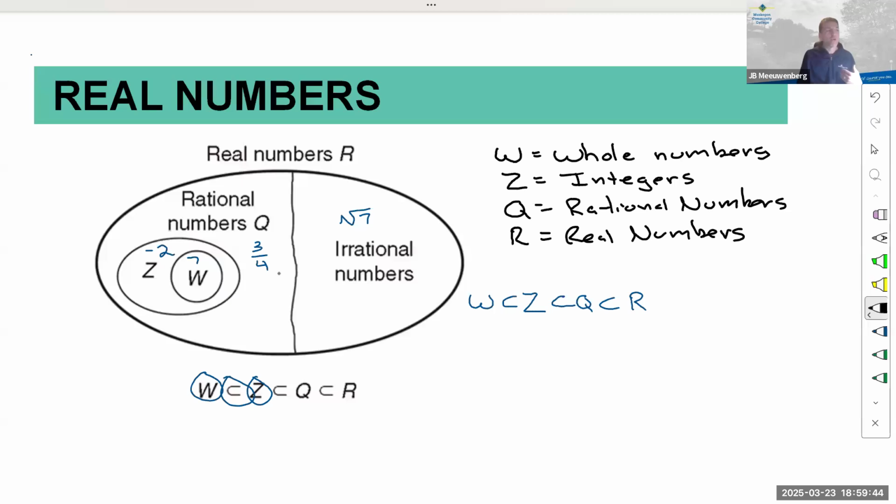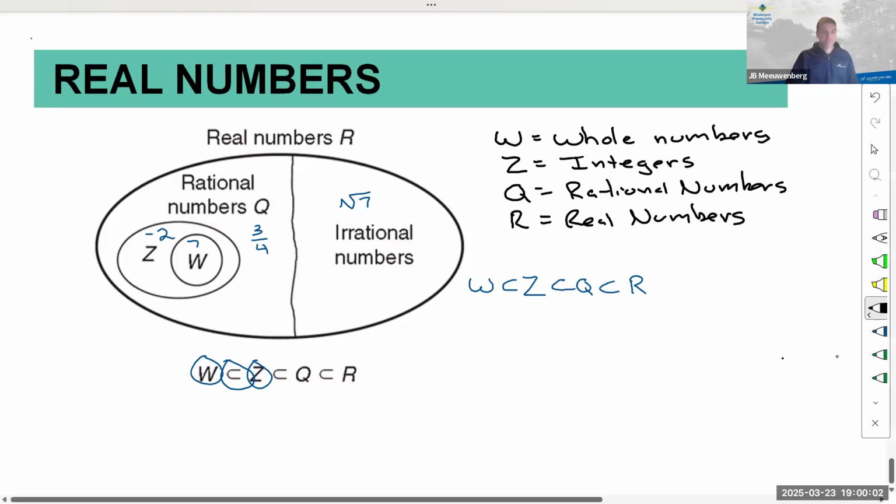There are no irrational numbers that are also rational numbers. So we say that those two sets are disjoint, because they contain nothing alike.